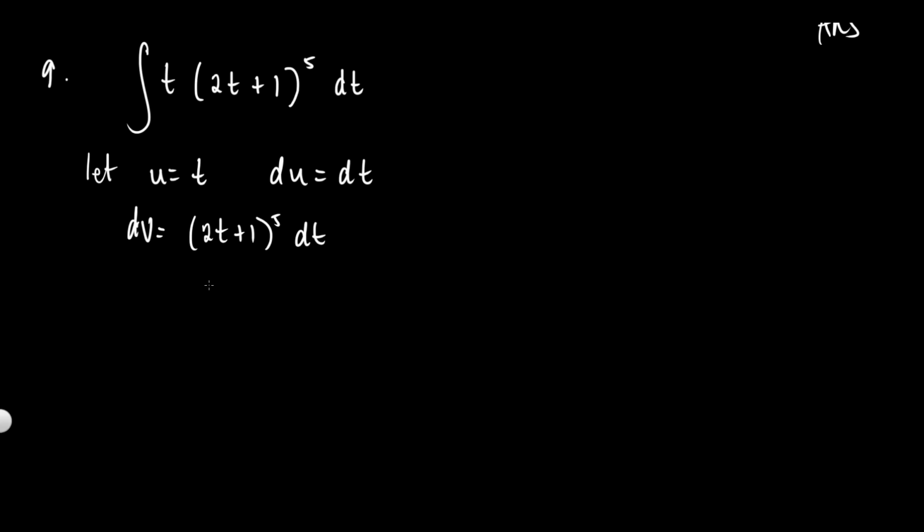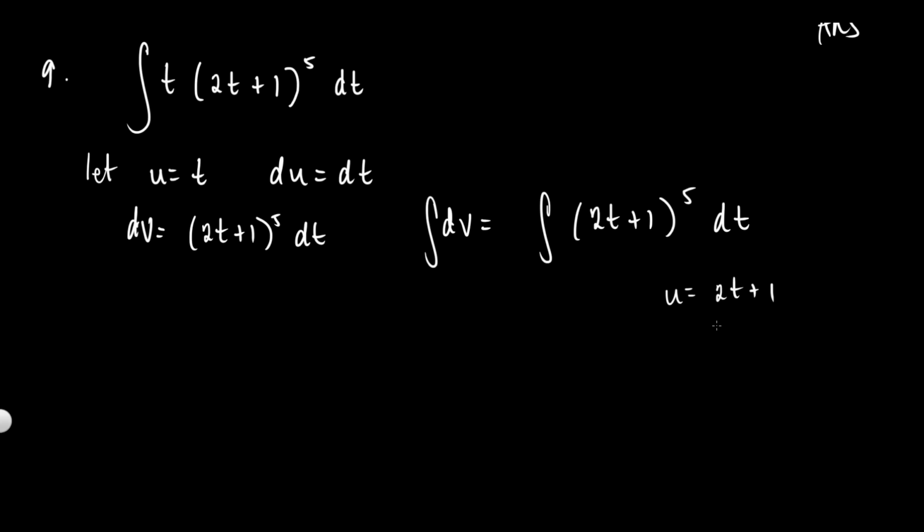So, what is the integral of this? It's like the power formula, right? Correct? So, the integral of dv equals the integral of 2t plus 1 raised to 5 dt. Right? So, if it's the power formula, u is 2t plus 1, du is 2 dt.